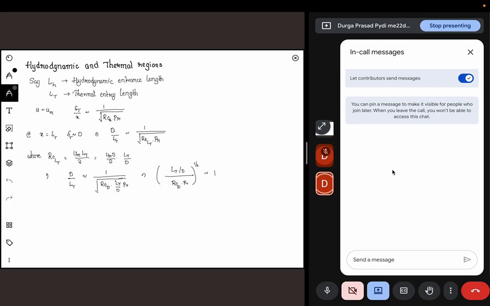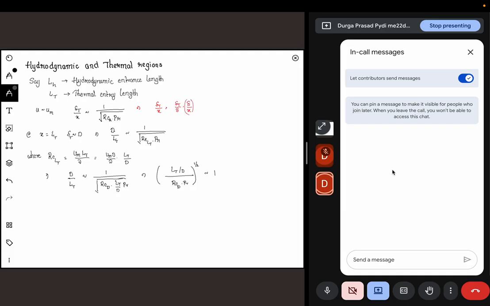If you want to go one step ahead, you just want to decompose this. So this is basically delta_T by x is delta_T by delta times delta by x.